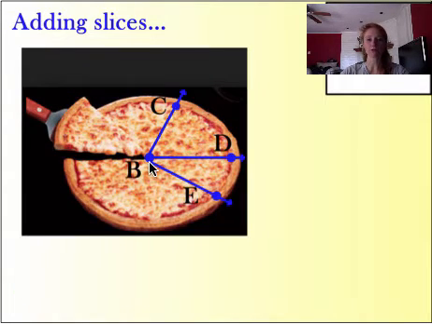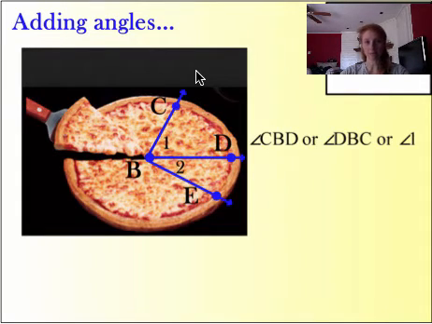So let's say your friend has one slice of pizza, and you have another slice of pizza. And you want to see how big of a slice you would have if you put the two slices together. So we can represent this by really just putting two angles together. The first angle we have here is angle CBD. Now I can't name this angle just based off its vertex anymore because I have two angles that share the same vertex.